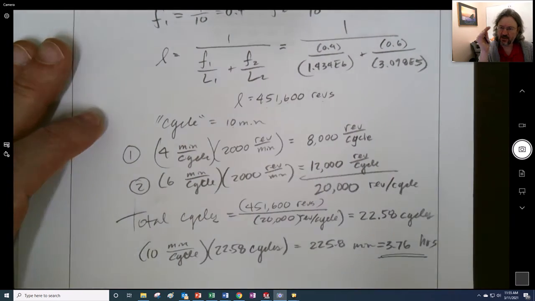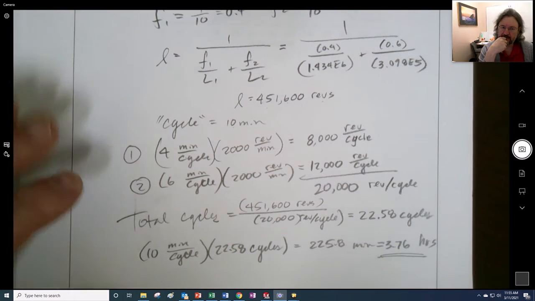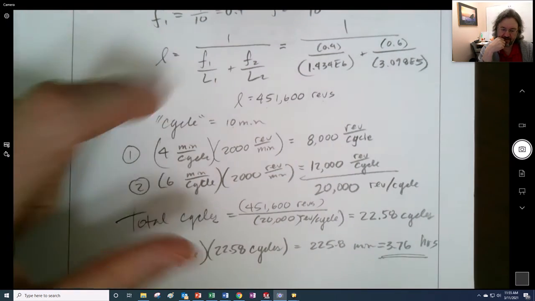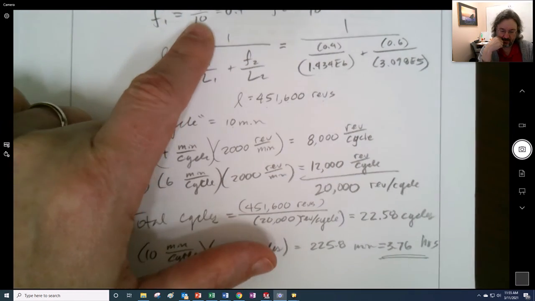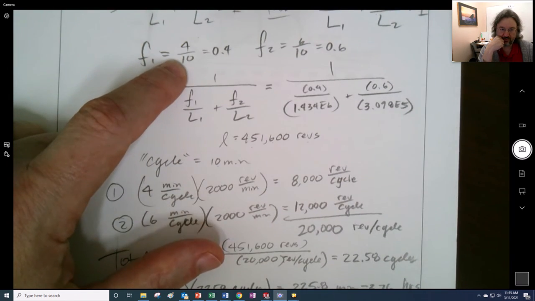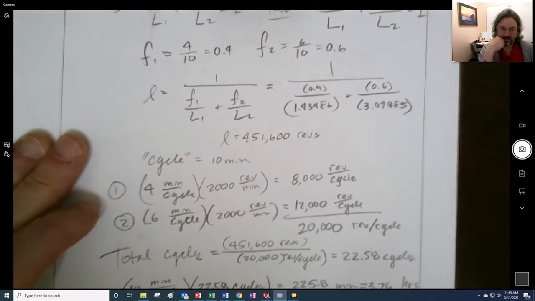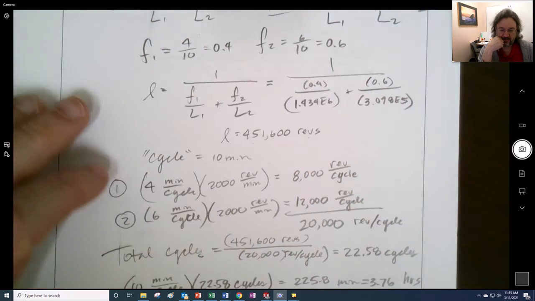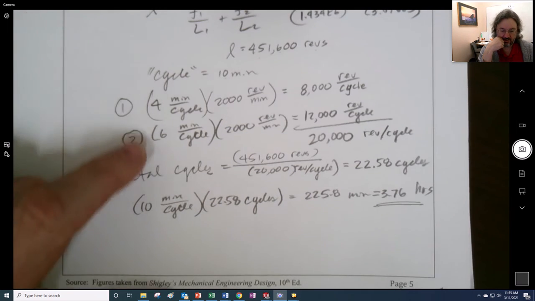I'll weight it by the percentage of time. We'll call that the turn fraction, like 4 out of every 10 minutes and 6 out of every 10 minutes. So we have 40% of the time, 60% of the time.